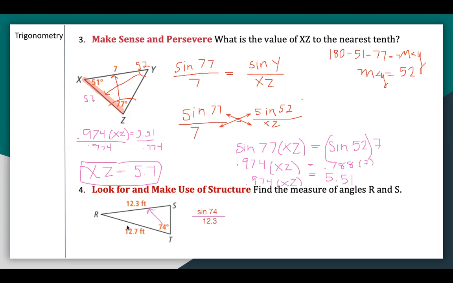The only thing I know now is RT, which then I can say should be equal to the sine of S divided by 12.7.